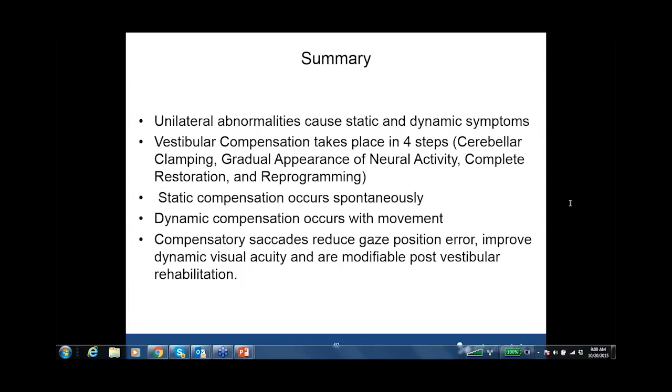So the next question is, how should we interpret a case of low gain in one side with absent corrective saccades? Dr. Barin, you want to comment on that? Well, there are two things that we could look for. One is that obviously some sort of artifact, so it might be that the low gain is not really low gain, calibration or some other factor. The other thing that we have to look for is any type of oculomotor abnormality that may affect the saccade velocities.